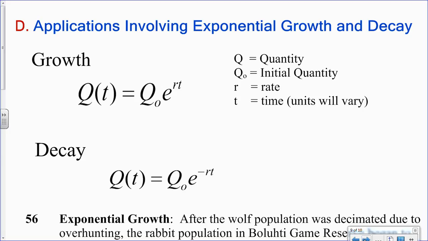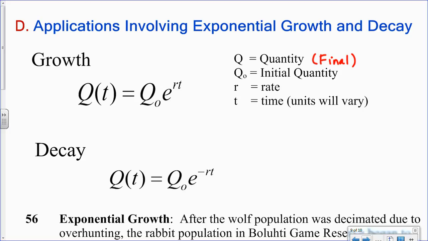All right, so we have growth and decay for more things than just accounts that pay interest. So if we're just talking about growth and decay in general, then we can use these formulas. Again, you don't have to memorize. So Q, or Q of T, is your quantity, like the final amount.